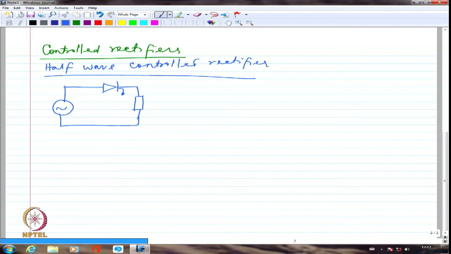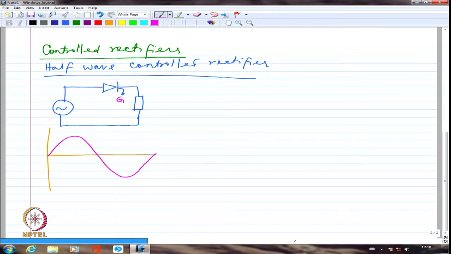If I have my sinusoidal voltage somewhat like this, I can choose to make this device conduct by giving a gate pulse at any point in time. But clearly, for an SCR to conduct, two conditions have to be satisfied.